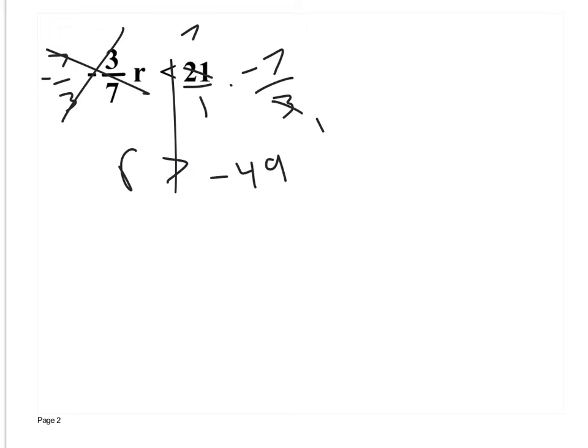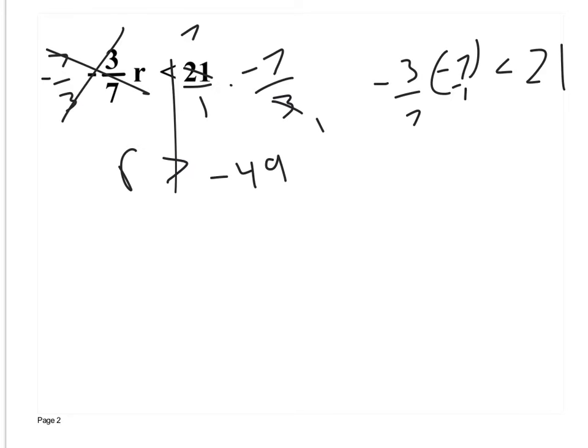What is a number that would be bigger than negative 49? Negative 48. Okay, you can go with something like that. I would actually go with negative 7, but it's just because I like the numbers better. Let's say I replace R with negative 7, which is a number bigger than negative 49. And let's see if this stays the same.